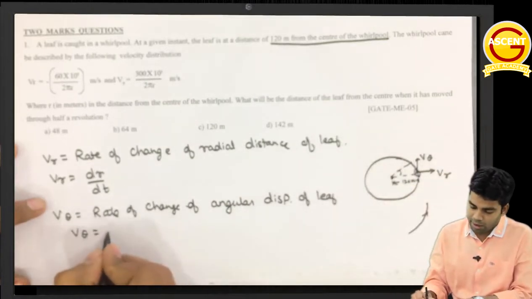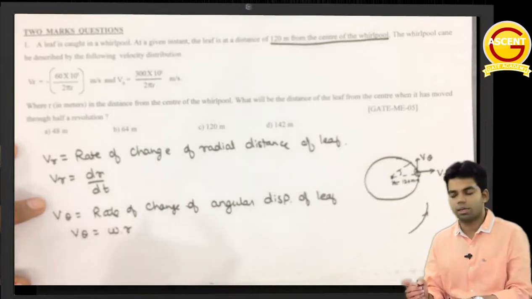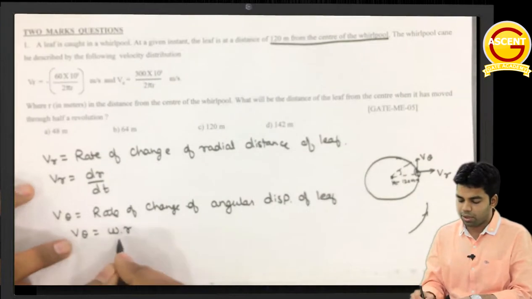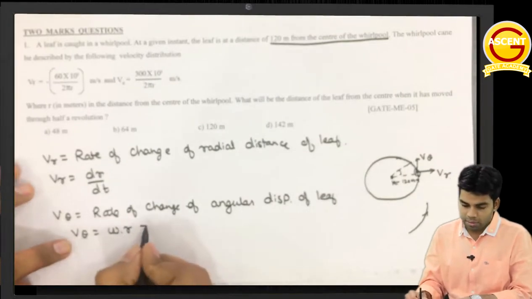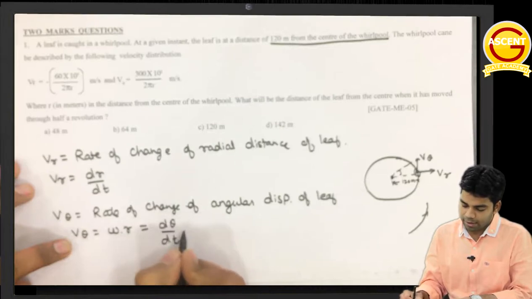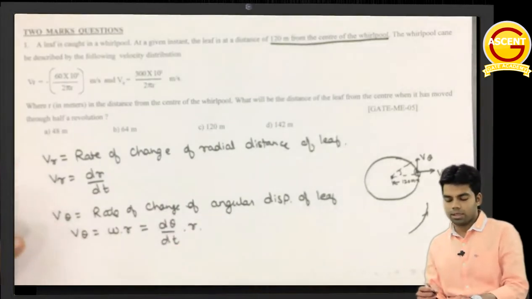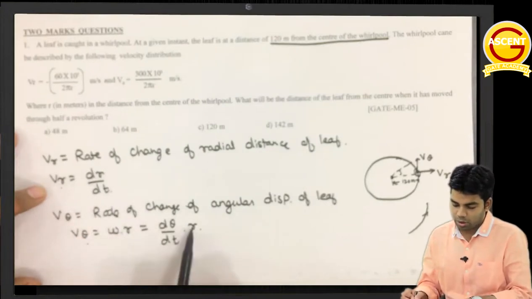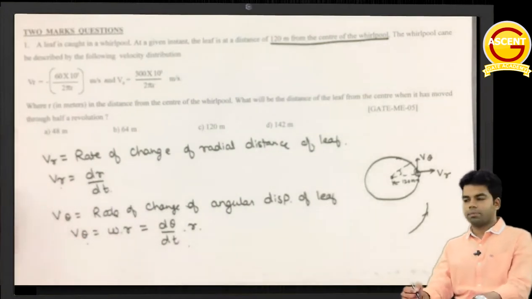As we know, V theta can be written as omega into r, where omega can be written as d theta by dt. So Vr is equal to dr by dt and V theta is equal to r into d theta by dt. Clear up to this point?